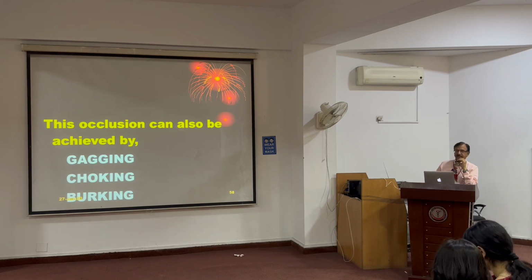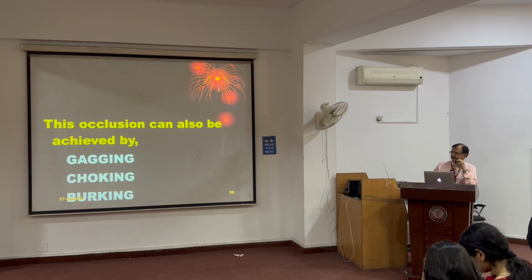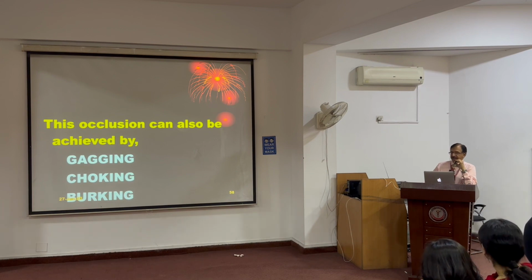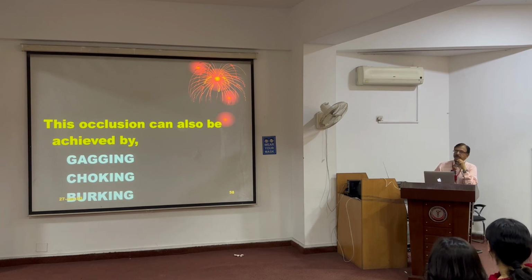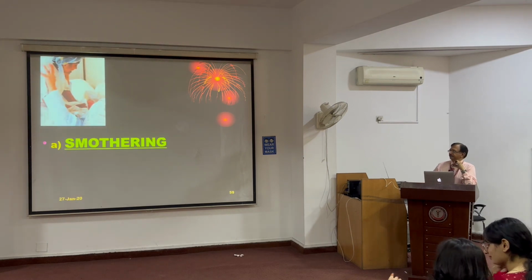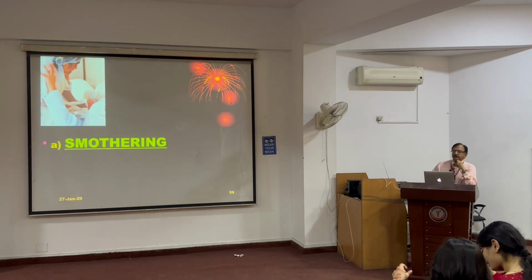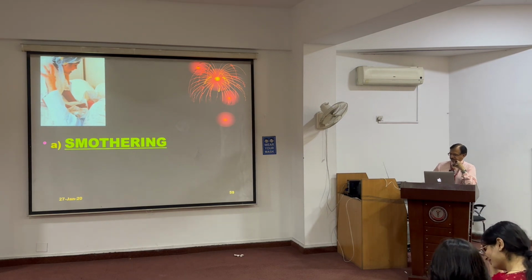The entry of air into the respiratory passages through mouth and nostril is interfered with by gag, choke, or barking. Barking is a special phenomenon. Now smothering is when we block the air passages, that is the nose and the mouth, with hand, with any other material.